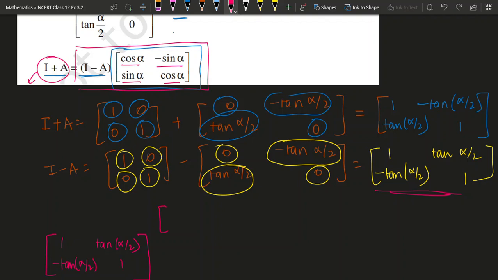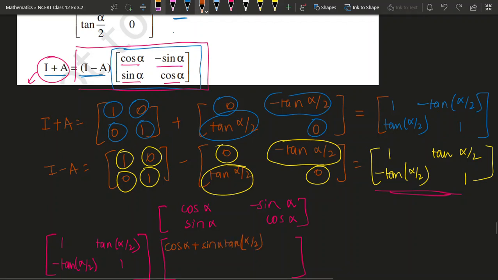And you're multiplying that with cos alpha, minus sine alpha, sine alpha, cos alpha. If you do the multiplication, I'm not walking through the steps again, you would arrive at cos alpha plus sine alpha tan alpha over 2. So it would be a giant number.